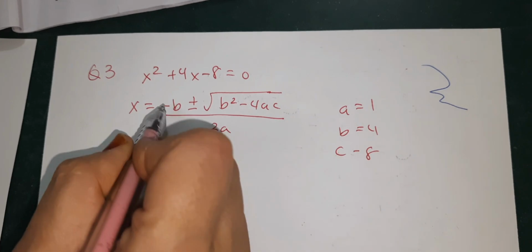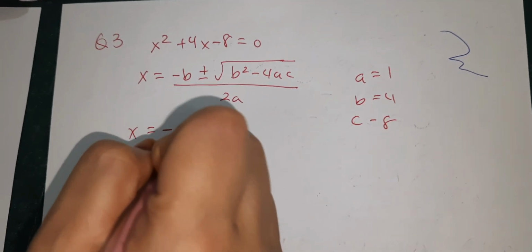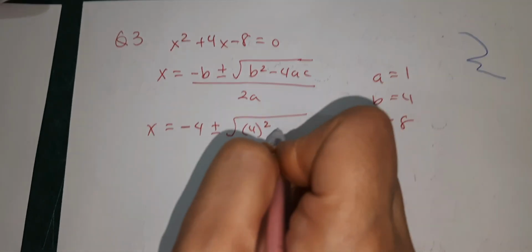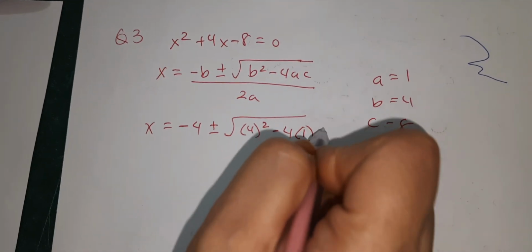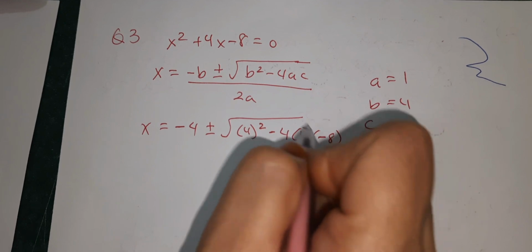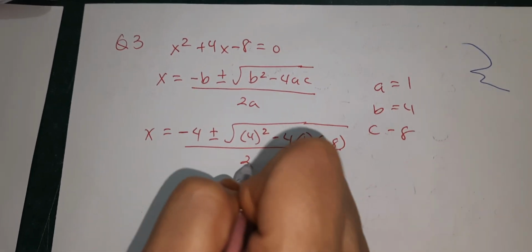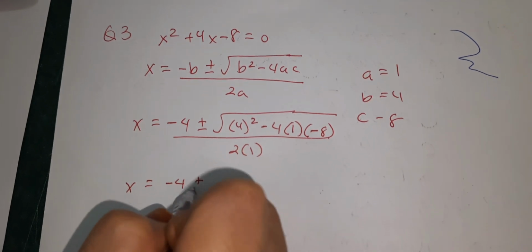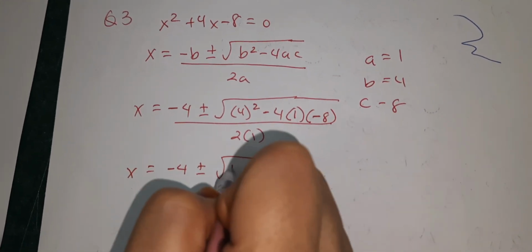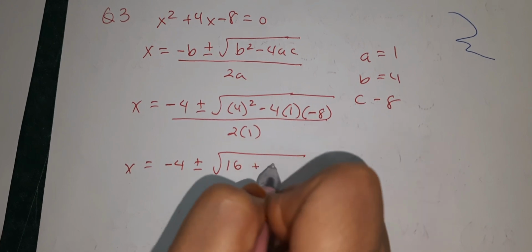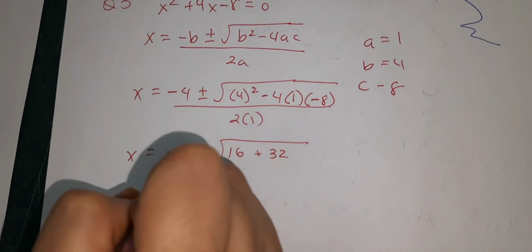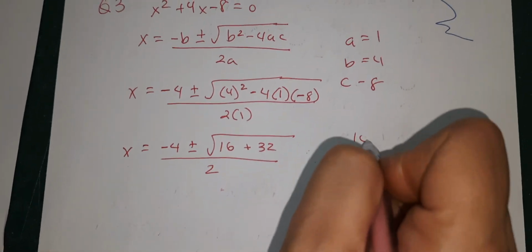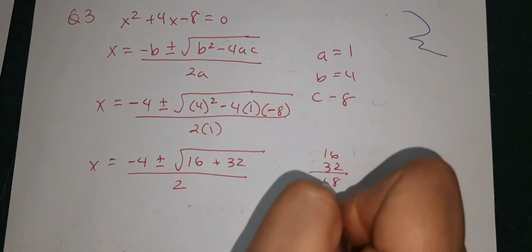So x is equal to the opposite of b, so that would be minus 4, plus or minus the square root of b squared, 4 squared, minus 4 into a into c, over 2 into a. So x is equal to minus 4 plus or minus square root of 16 plus 32 over 2. 16 and 32 is how much? 48.